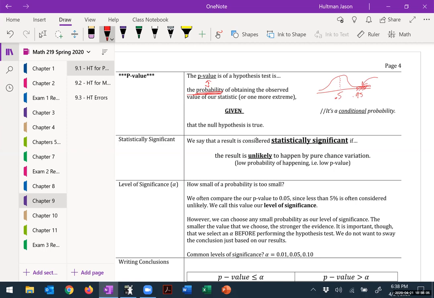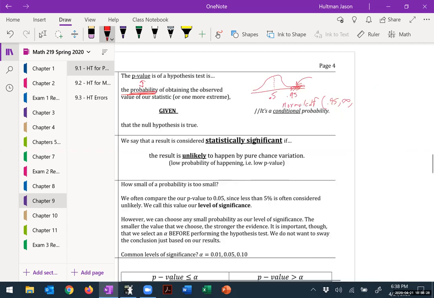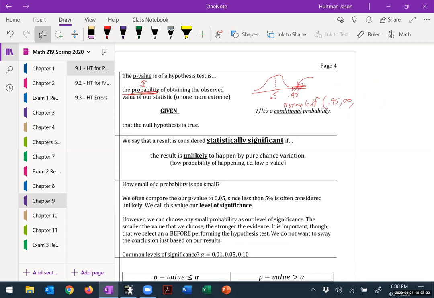And for that I would just use a normal CDF to calculate this. What's the low? It would be 0.95. What's the high? Infinity. What's the mean? The mean is 0.5. What's the standard error?